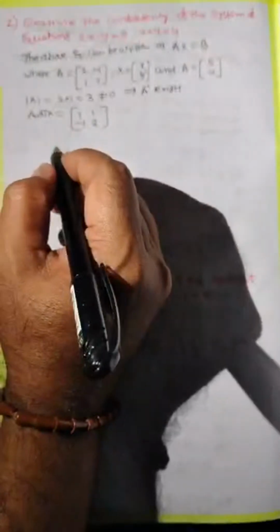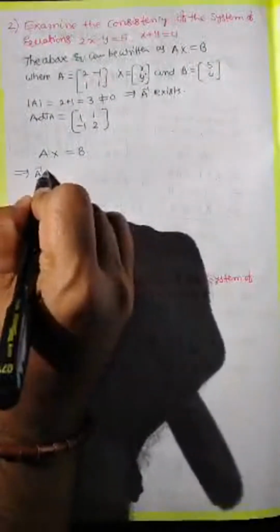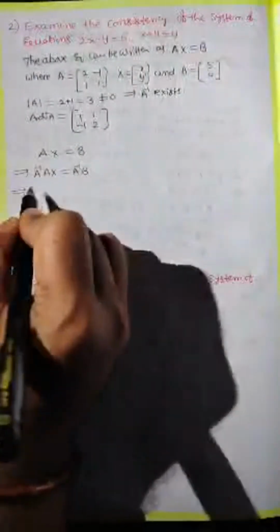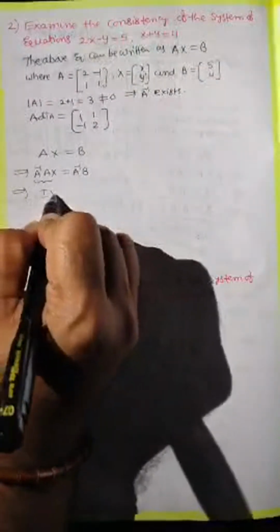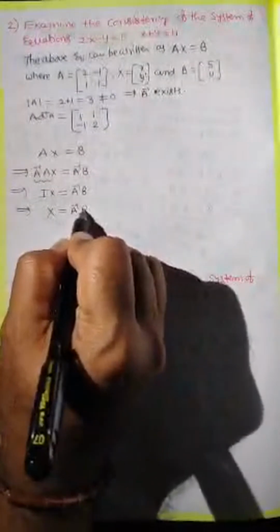Later, we can proceed. AX equal to B. That implies pre-multiplying with A inverse. That implies A inverse into A is identity matrix. So that implies that X is equal to A inverse of B.